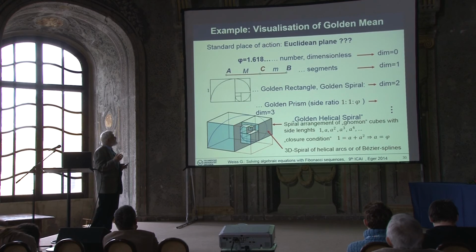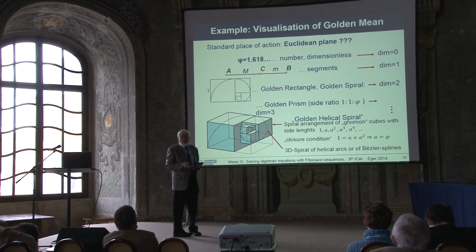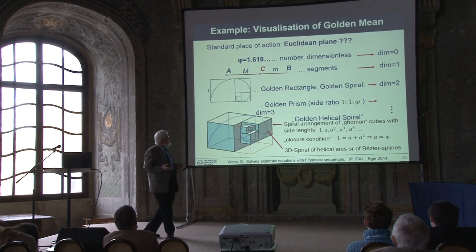Then, what about the dimension? Numbers are dimensionless. Segments are of dimension 1. So you visualize this number by segments, or in the golden rectangle by 2 dimensions. What about 3 dimensions?